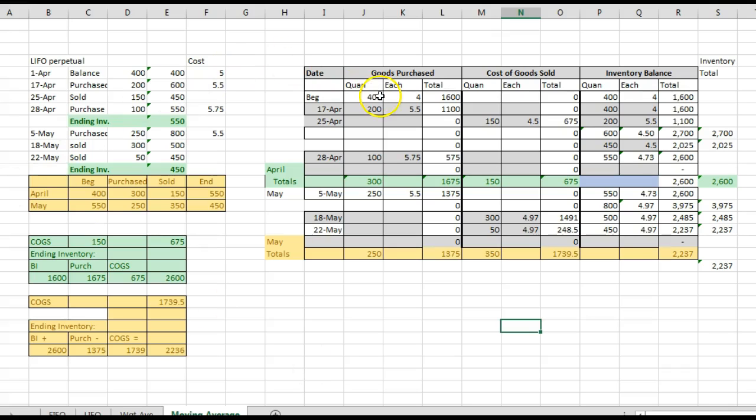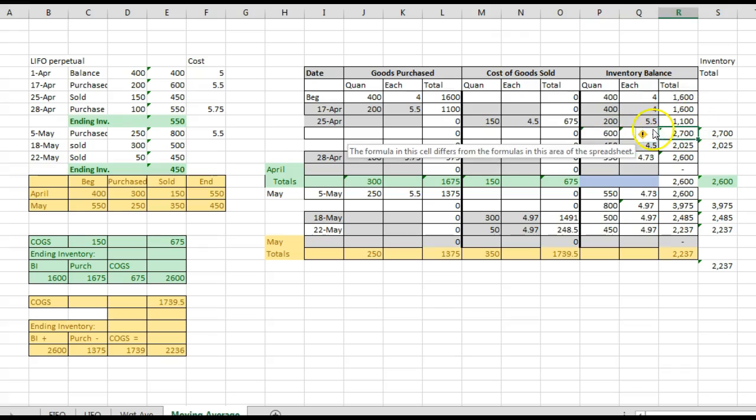So we started with 400 at $4 each, 1,600. So we have 1,600 to begin with. We added 200 times 5.5, or $1,100. So what we do is we make another layer. We have 400 at 16, 200 at 1,100, and then we add those. So you have 600 here and 2,700 here.